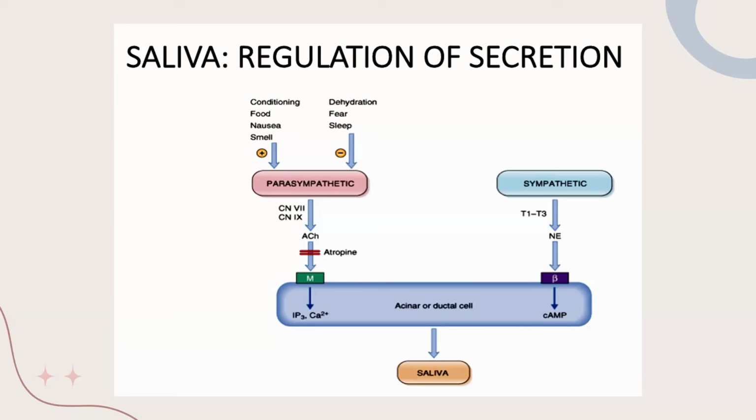So the acidic content would pass through the esophagus and the mouth, which can harm the teeth in the oral cavity because of the acidic content. So that's why our body reacts by secreting more saliva so that it can protect our teeth.